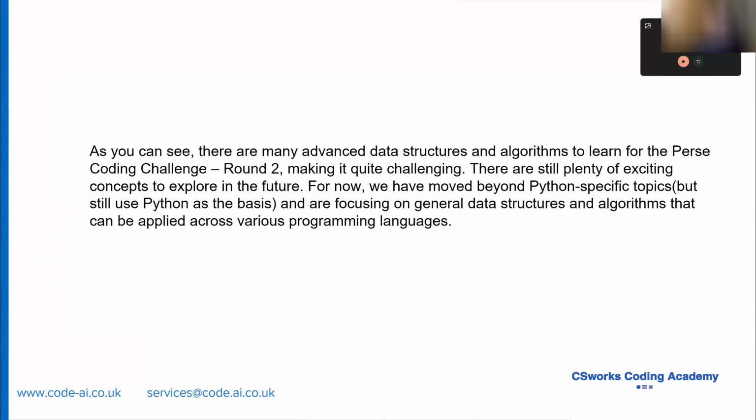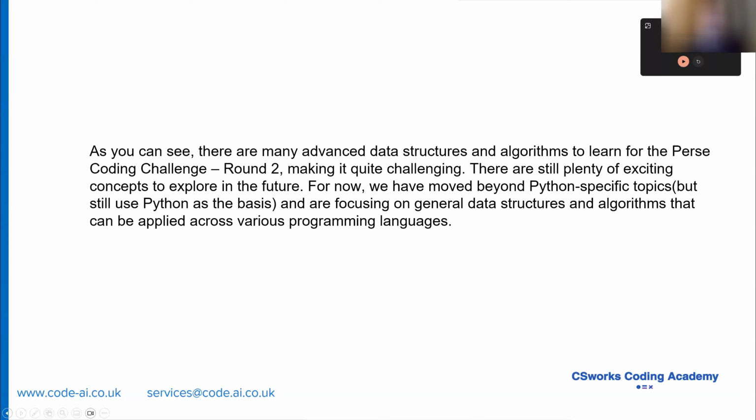So there are many advanced data structures and algorithms that we need to learn for round 2, and this can be quite challenging. Now, all of these are actually exciting and they're fun to do, but for now we have moved beyond Python-specific topics and are focusing on general data structures and algorithms that can be applied across various programming languages.